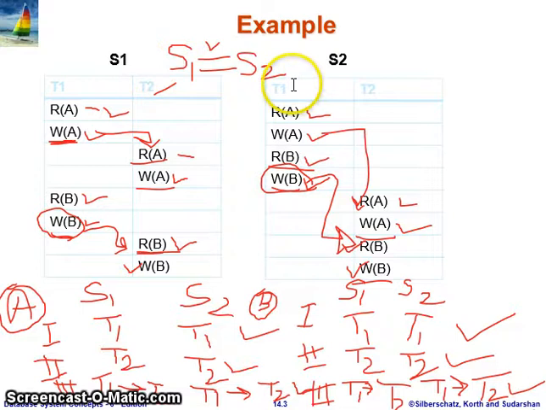So here T1 executes all its operations, then T2 starts, one after another. Transaction T1 completes all its operations, then T2 performs all its operations. So S2 is a serial schedule, and S1 is view equivalent to it. So we can say S1 is view serializable.